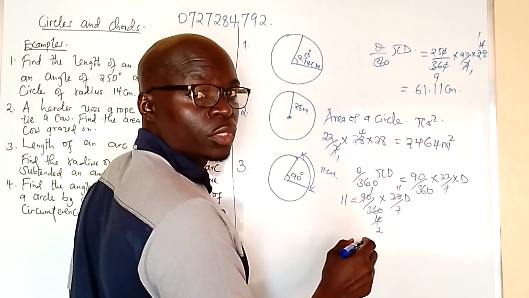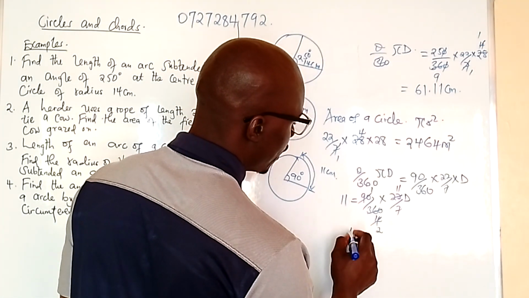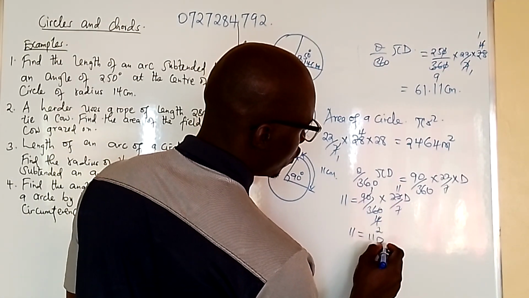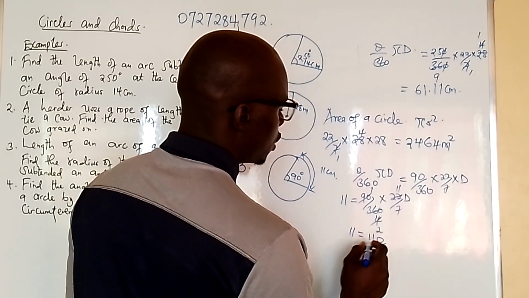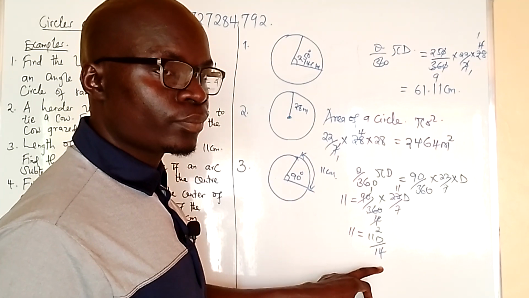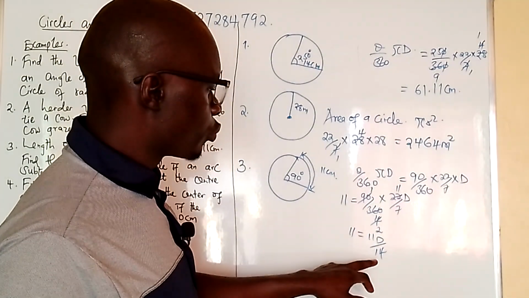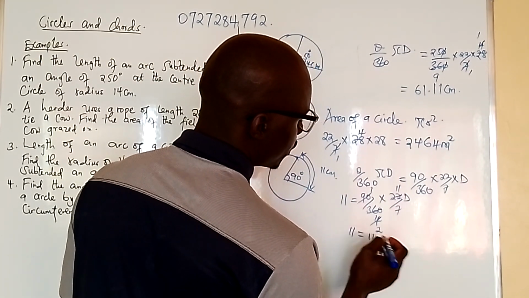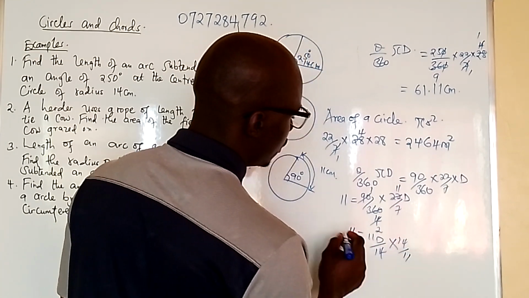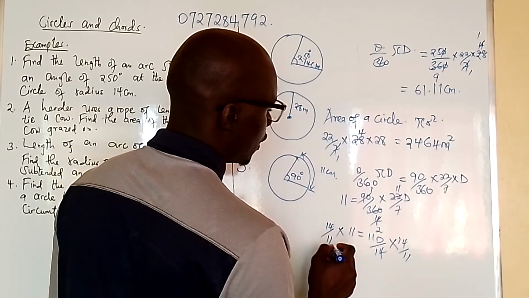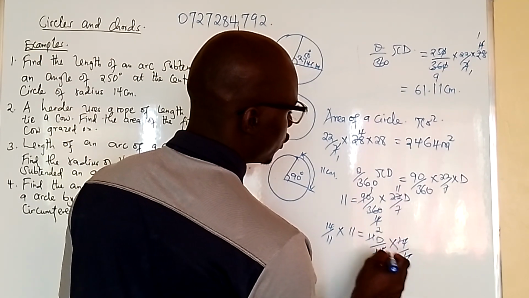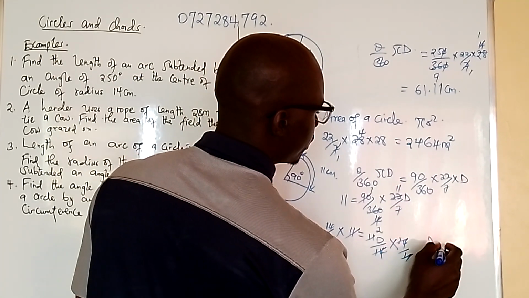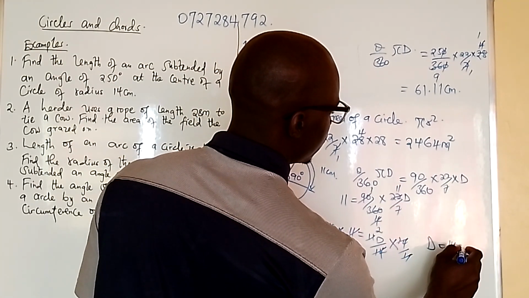So therefore 11 is equal to 11d over 14. How do we get our d? By multiplying both sides by the reciprocal. We multiply both sides by 14 over 11, so that here we remain with our d. Then 11 goes there once. So our diameter is equal to 14 centimeters.